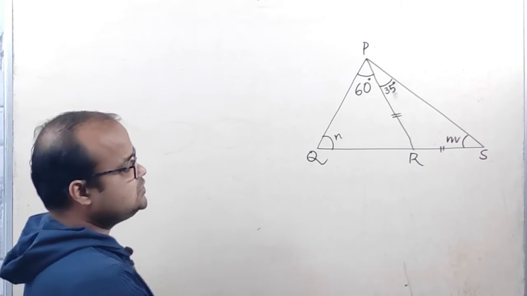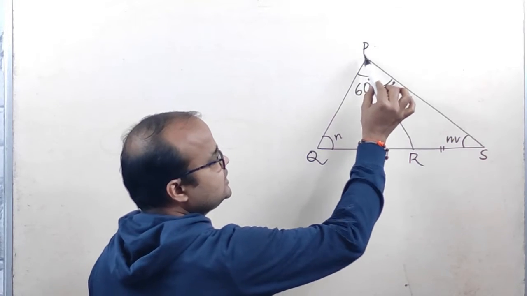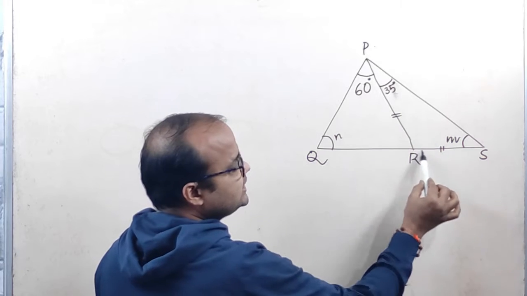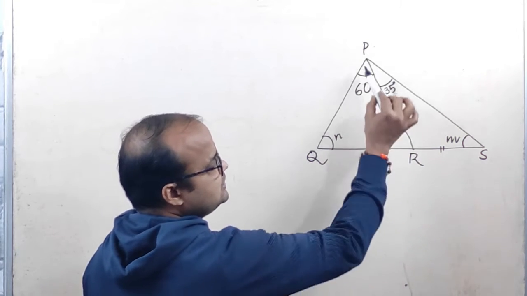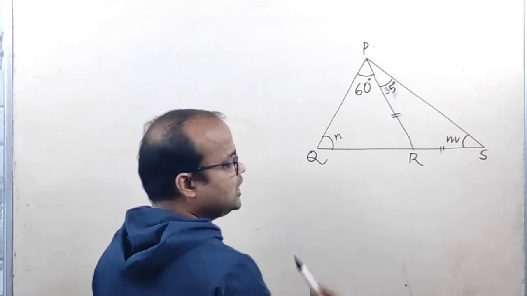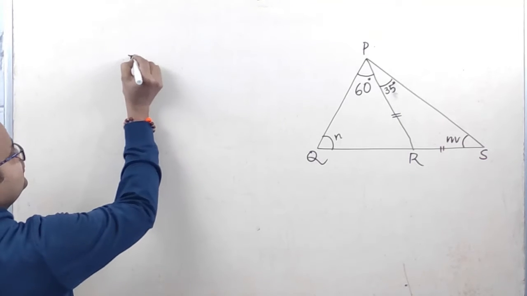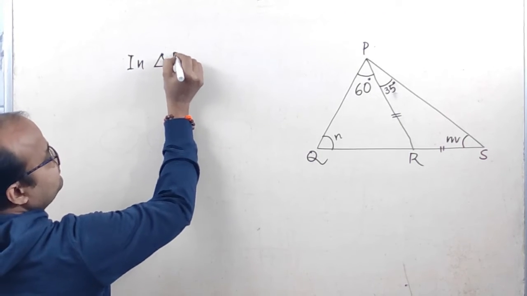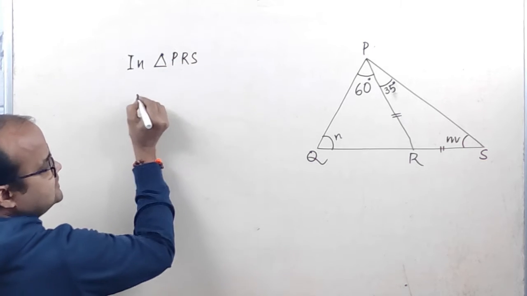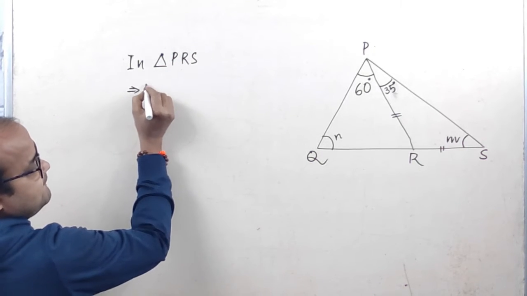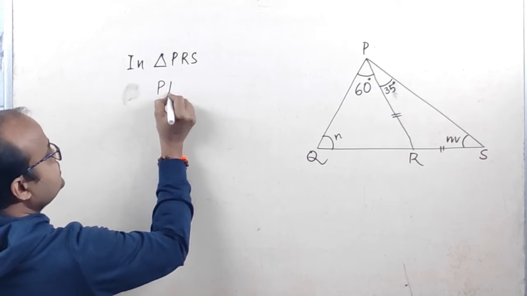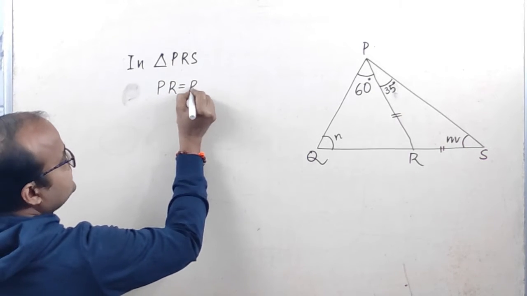Now first look at the triangle PRS. In triangle PRS, PR equals RS.